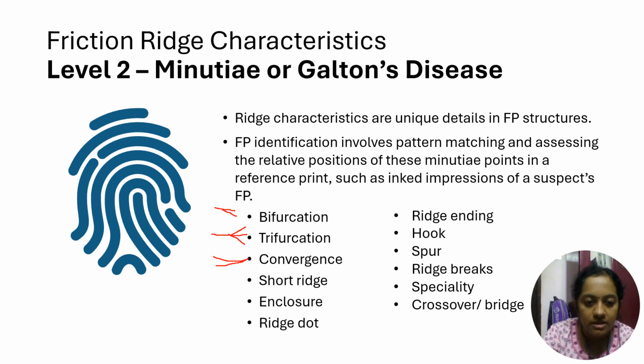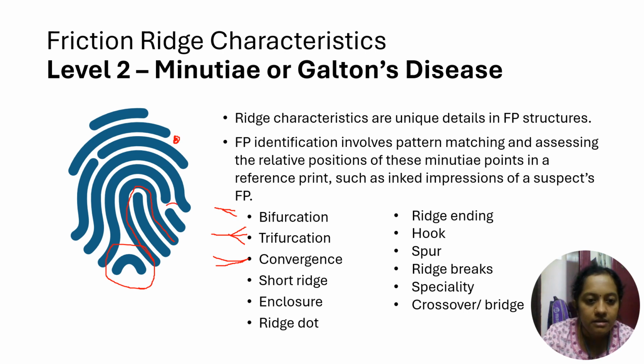Short ridge is given over here. You can see this is a short ridge. Enclosure, this is called an enclosure. It is getting enclosed. Next one is ridge dot. If something is over here, this is called a ridge dot.